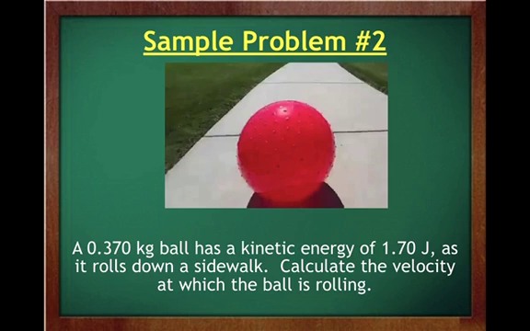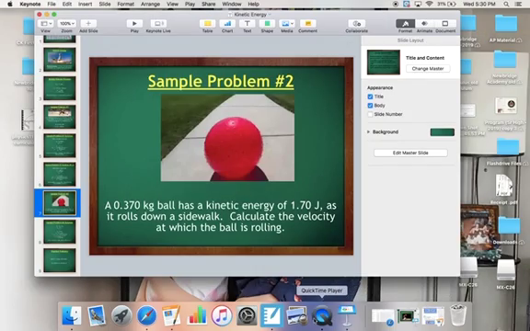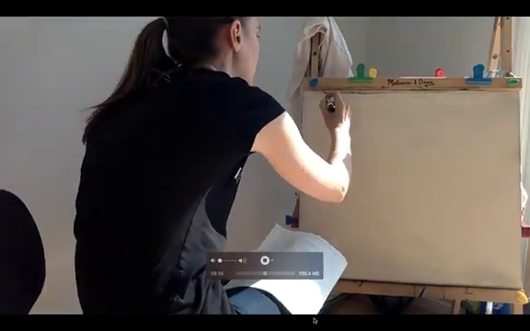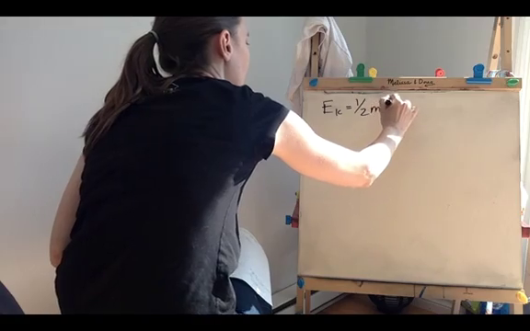Okay, so again, we're assuming that it's rolling at a constant velocity here, and we're going to use our kinetic energy formula because we're told that the ball does in fact have kinetic energy. So we know the formula is 1/2 mv squared.